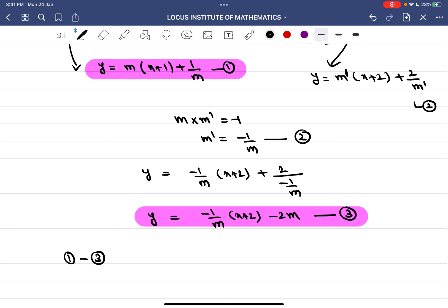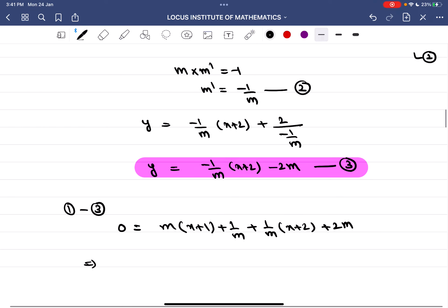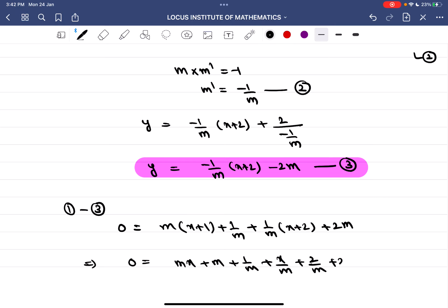So if you subtract 3 from 1, the left hand side y minus y becomes 0. Right hand side: m(x + 1) + 1/m + (1/m)(x + 2) + 2m is equal to 0. This implies 0 = mx + m + 1/m + x/m + 2/m + 2m.